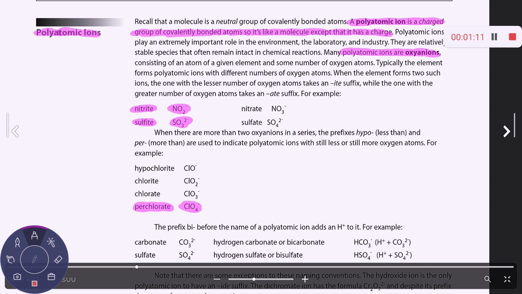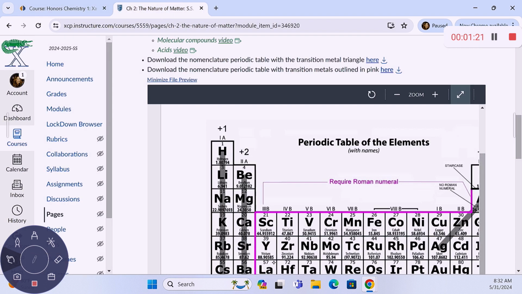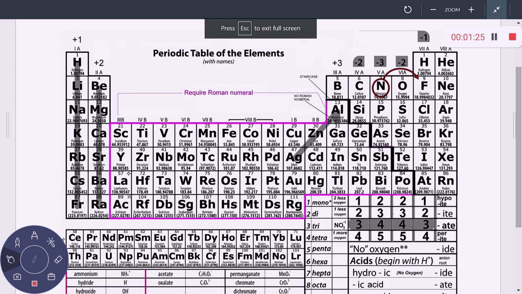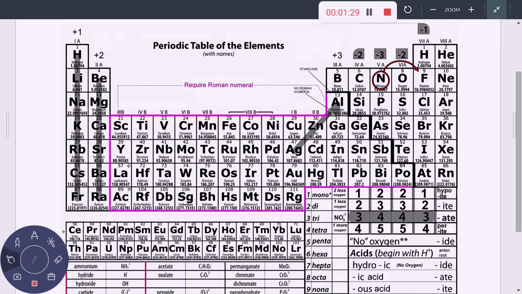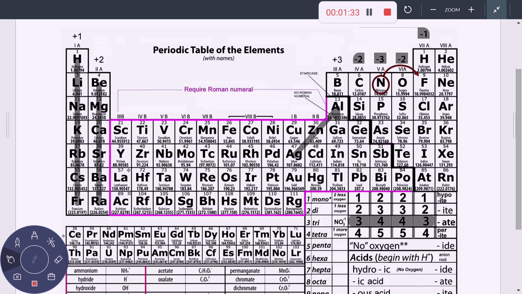We're going to go to the periodic table and look at how to come up with their formulas and names because it's a lot easier. So let's take a look at the periodic table. Okay, so I'm looking at this right-hand side, and we're going to start with something simple, okay?